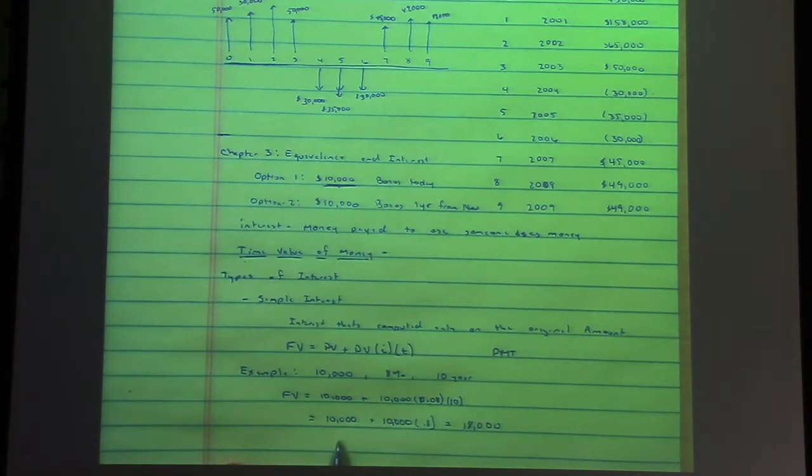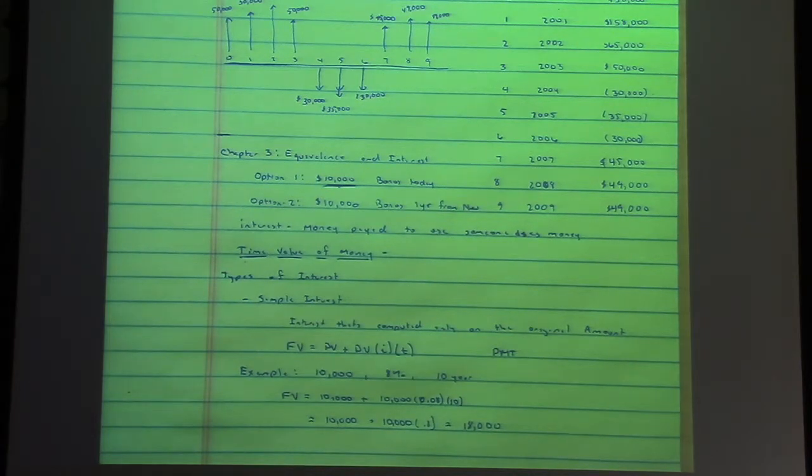Now, while we're very seldom charged simple interest when buying a car or buying a house or anything else, this really does demonstrate to us the reason why banks exist. They charge these interest rates so that they receive a return on their investment that is represented by that loan that they give you.